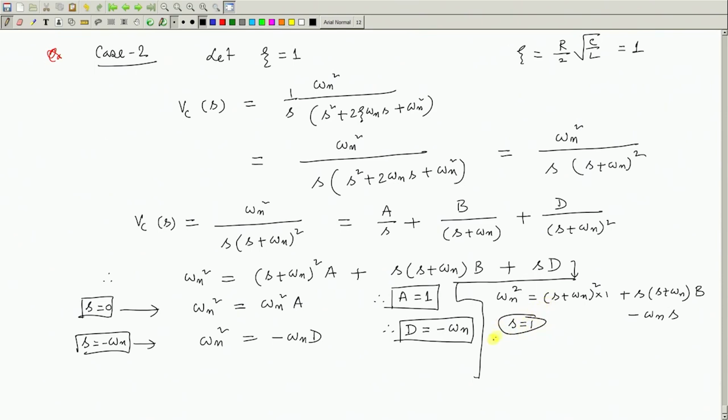If you put s equal to 1 in this expression, it will be omega n square plus omega n plus 1 whole square plus omega n plus 1 into b, this is 1 and this is minus omega n, and this has to be equal to omega n square.